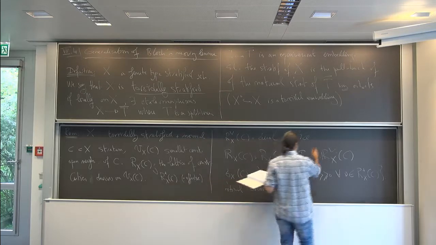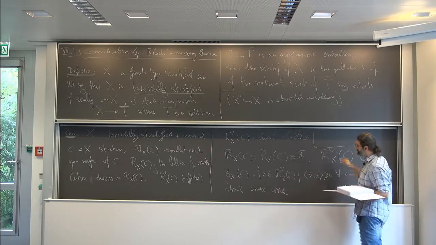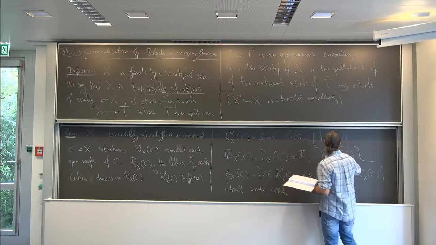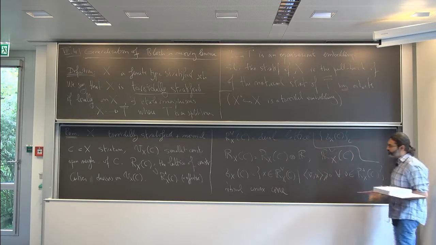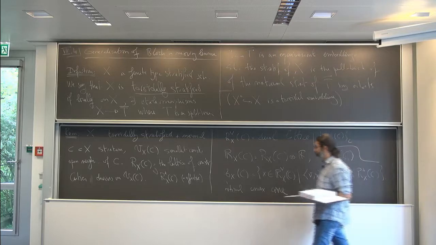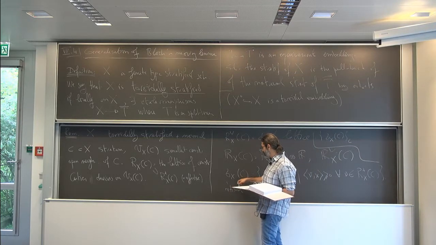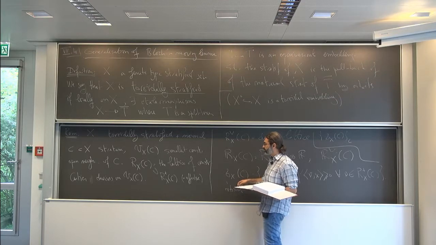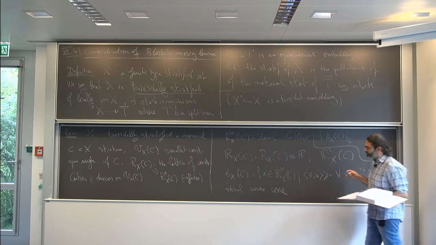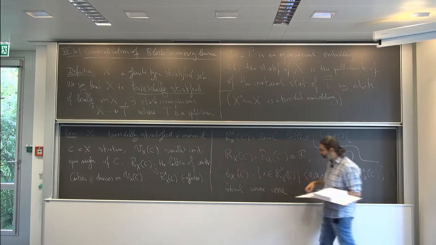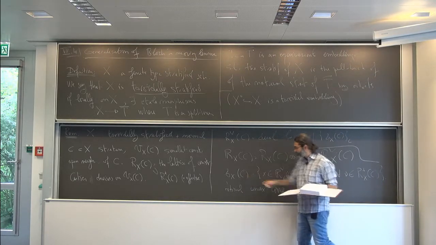And then the collection of these convex cones, with the obvious relation between them. So for instance, if C is contained in the closure of some other stratum D, there is an inclusion, and the rational cone associated to D will be a face of this one.